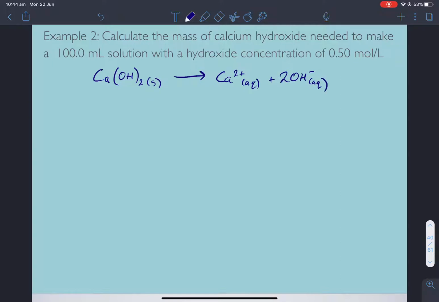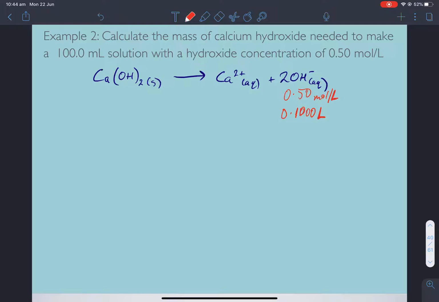Okay, let's have a look. The question says we want a hydroxide concentration of 0.50 moles per litre, and we want to make a 100 ml solution of it. Okay, so we want 0.1000 litres.